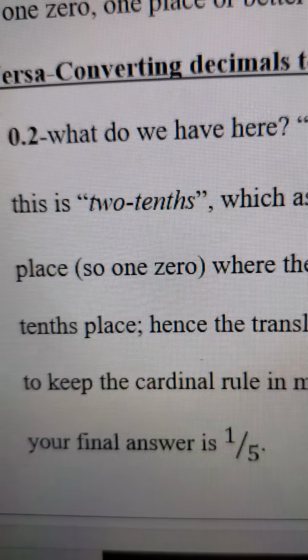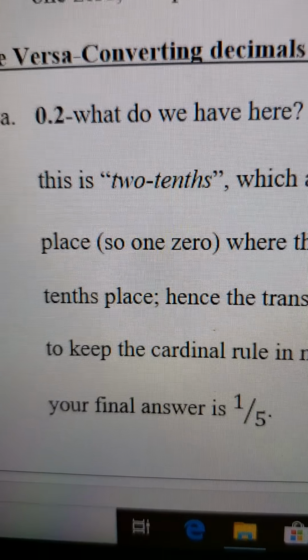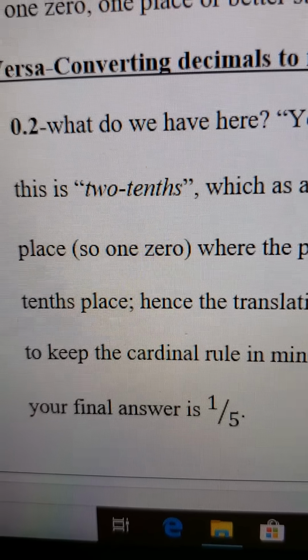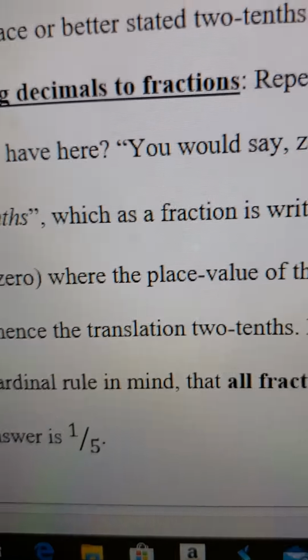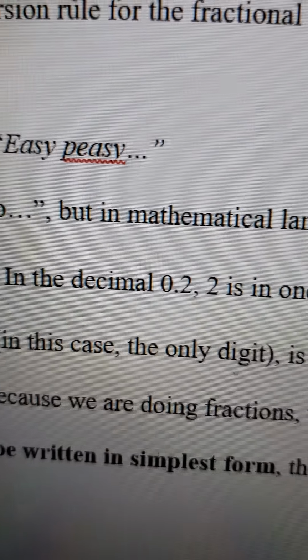That's why I keep mentioning, use your zero as a guide to tell you how many places your decimal number will be when we were converting from fractions to decimals. So the place value of the last digit, in this case the only digit, is in the tenths place. Hence the translation 2/10.